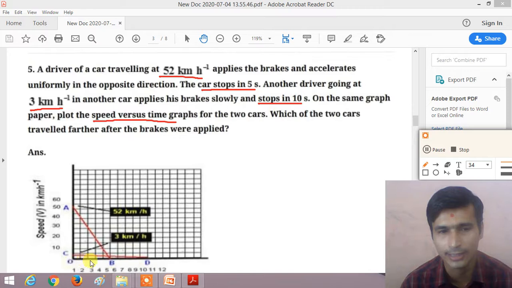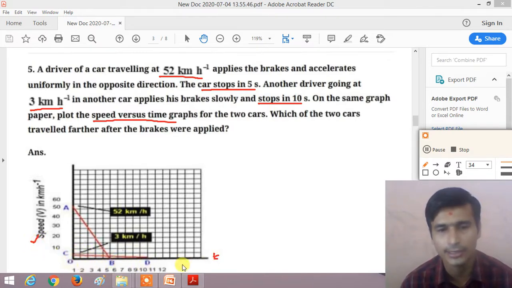So how can we draw a speed versus time graph? On the x-axis we take the time t, and on the y-axis we take the speed. So first draw the x-axis.